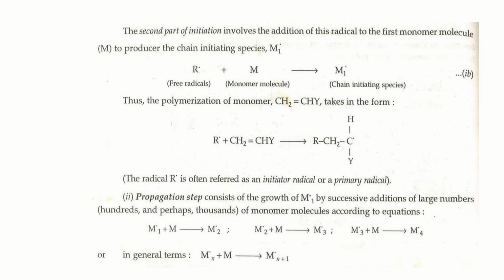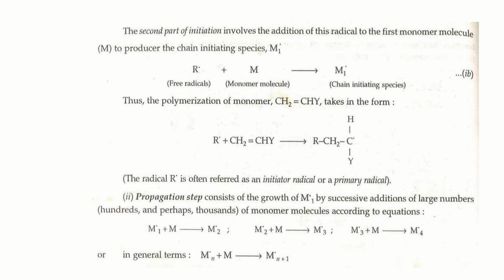In this propagation step, the monomer free radical reacts with another monomer, and the newly formed monomer free radical combines with another monomer. So, all the monomers present in the reaction vessel combine to form a long chain, and in this long chain the last monomer contains the free radical. The following reaction is easy to understand.